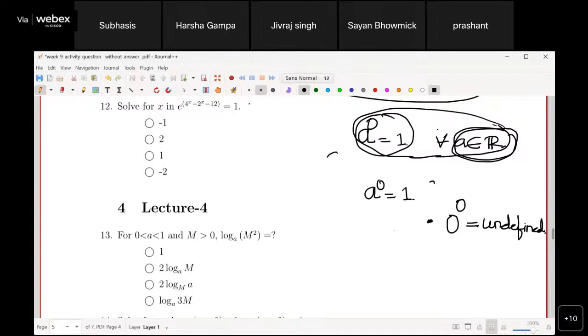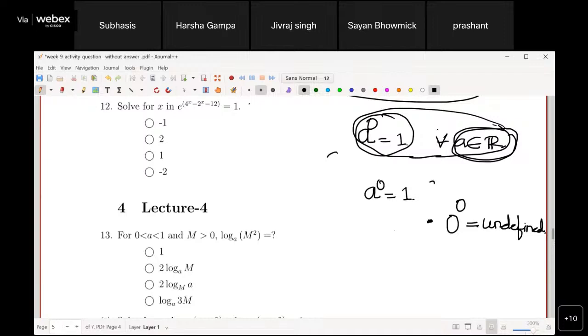Maybe you'll see if you study calculus, there is a lot of problem in assuming 0 power 0 is 1. Probably in combinatorics you can assume that 0 power 0 is 1, but certainly you can't assume 0 power 0 is 1 when you are doing calculus, which you will see in your upcoming term.